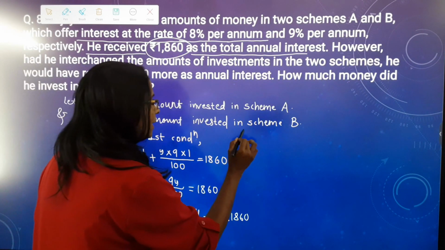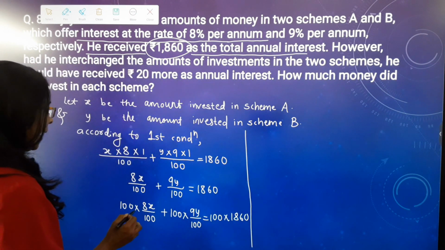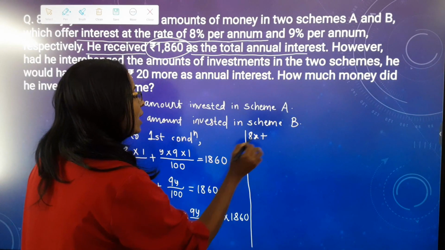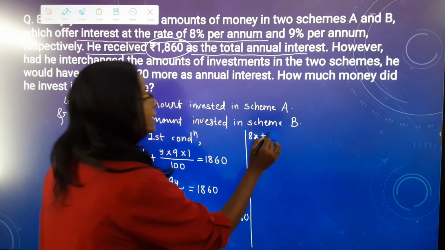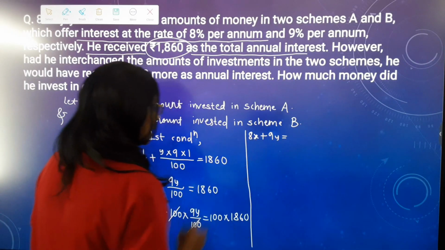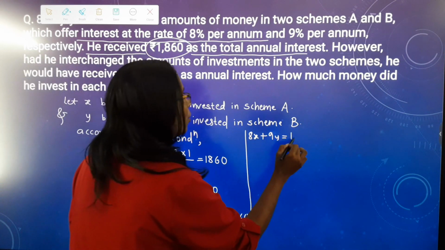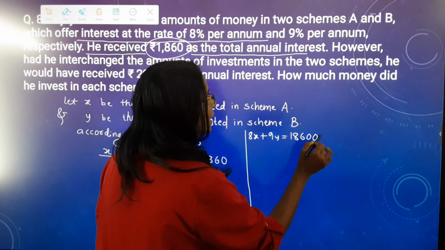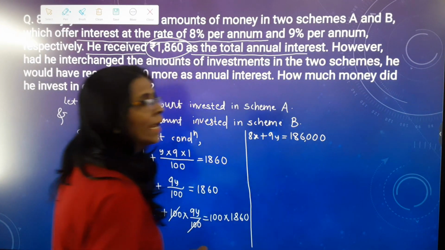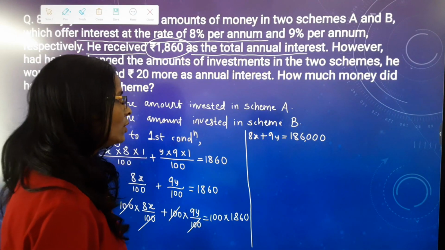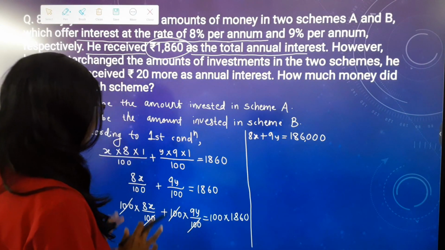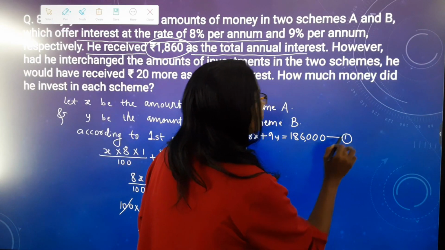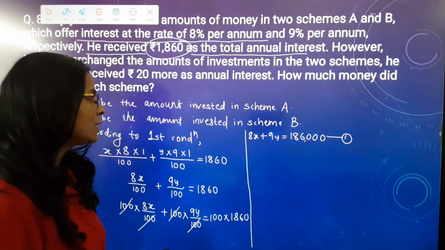Then the 100 gets cancelled. So 8x plus 9y is equal to 1,86,000. This one is our first equation. Call it the first equation.